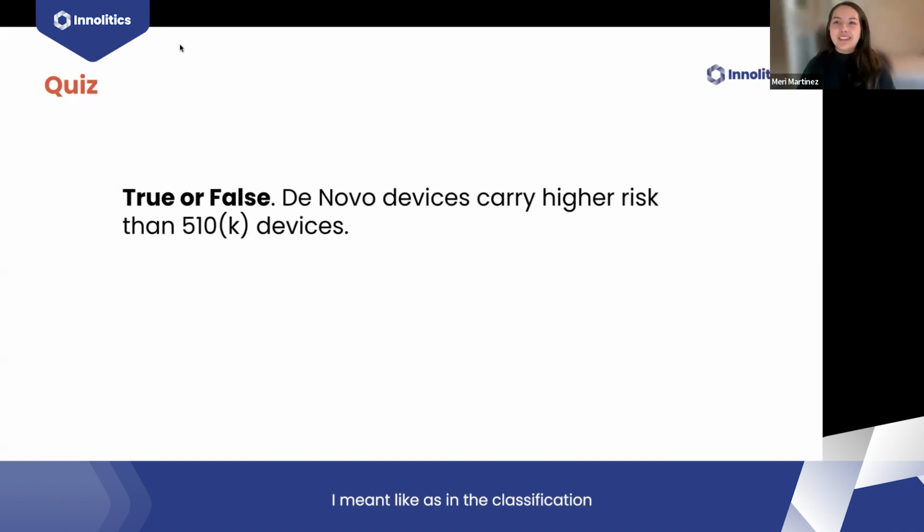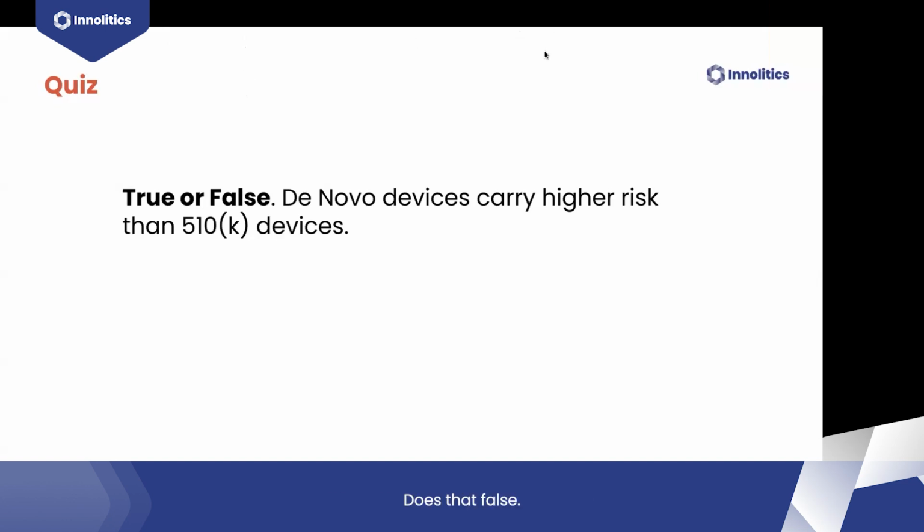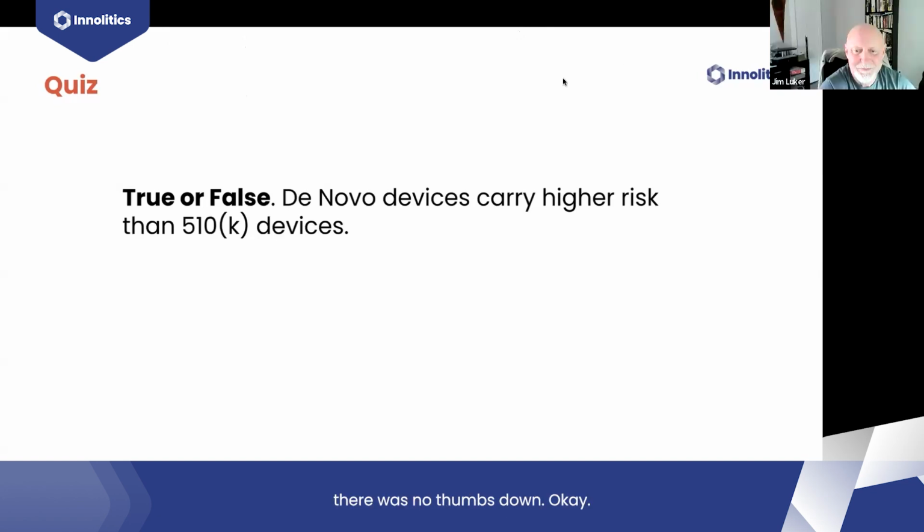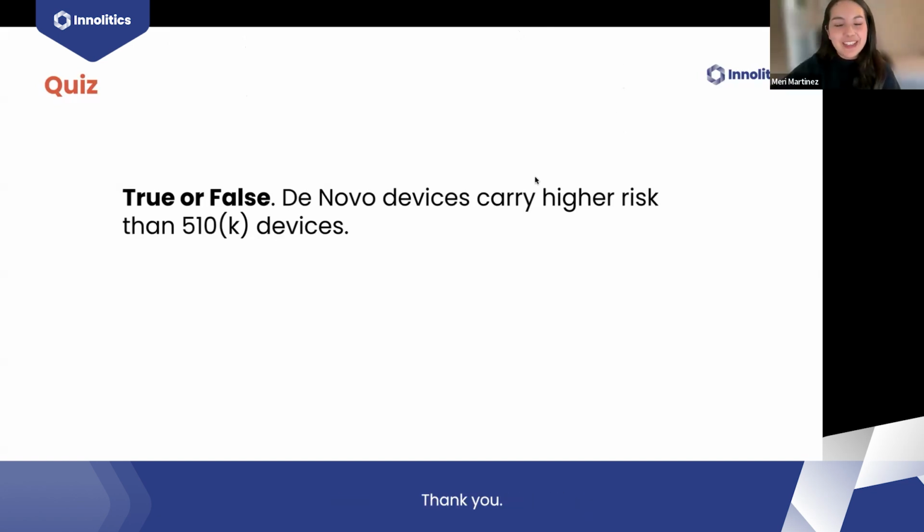I meant as in the classification of medical devices, risk for the patient. Yeah, that's the answer. What does the laughing emoji mean? Does it mean false? False. Okay, false. Oh yeah, I forgot there was no thumbs down. Okay, thank you. So yes, false.